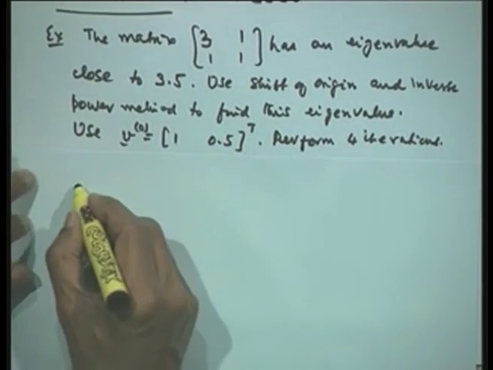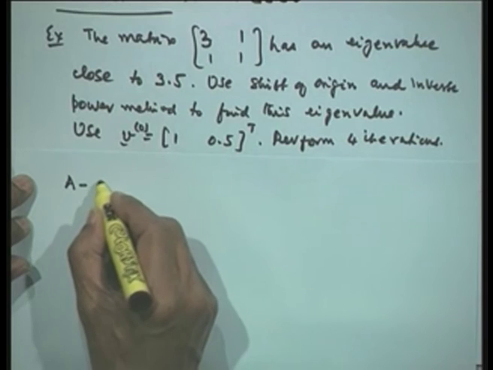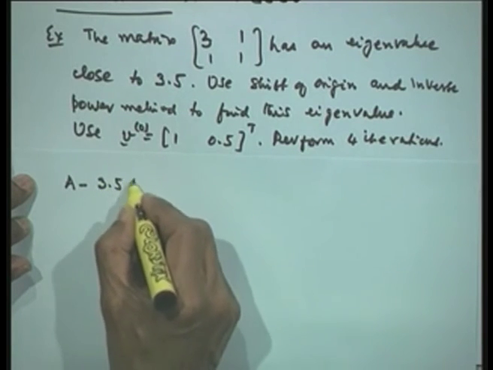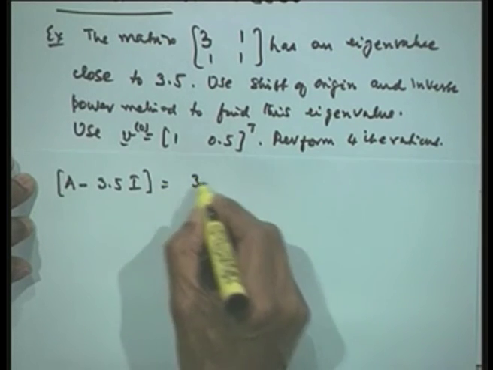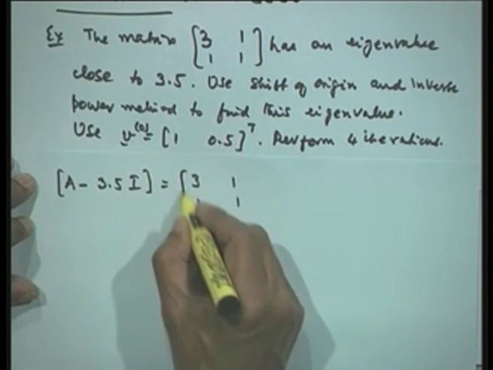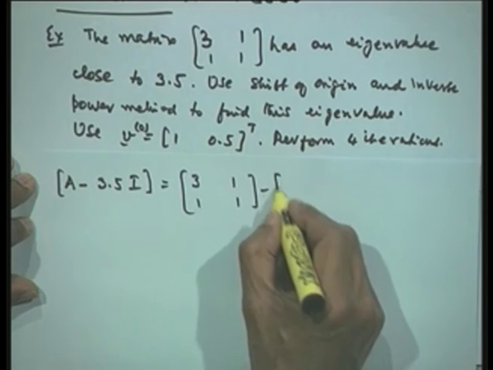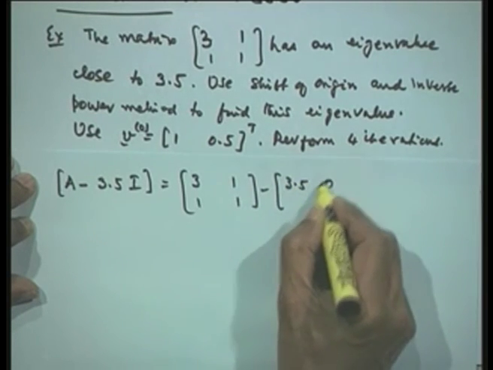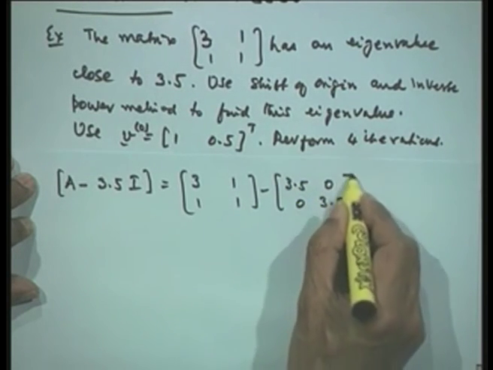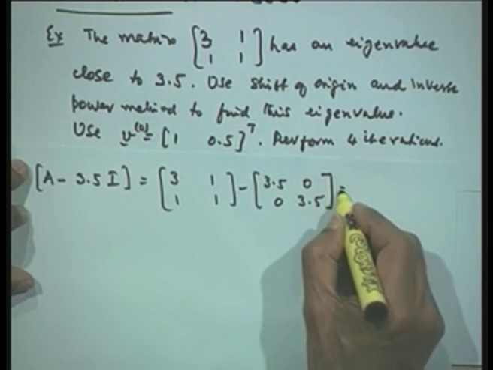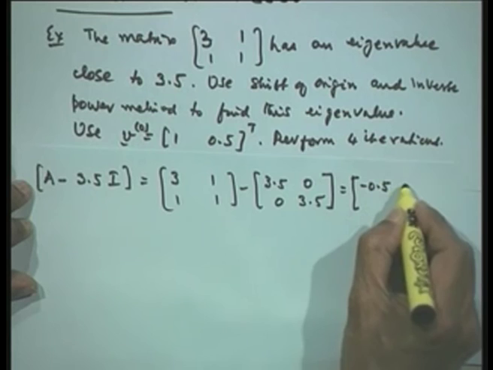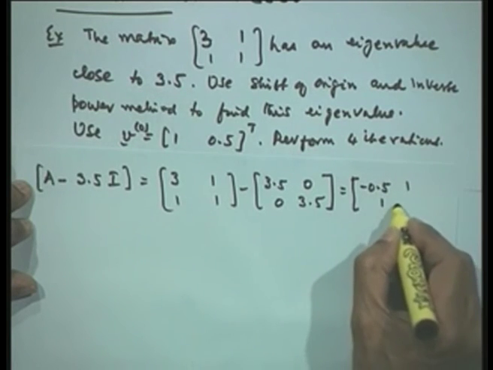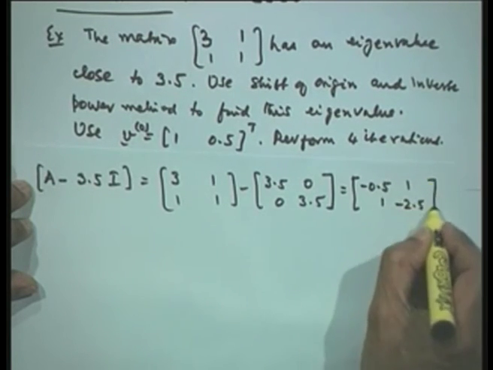What you really need to find is A minus lambda I, that is A minus 3.5 I. What is this matrix? This will give you 3 1 1 minus 3.5 0 3.5, which will give us minus 0.5 1 1 minus 2.5.